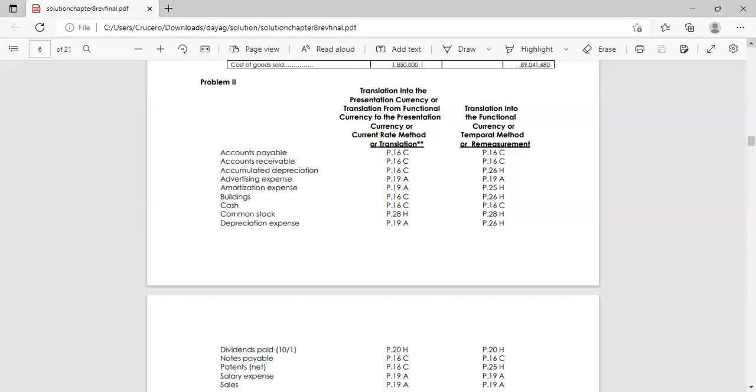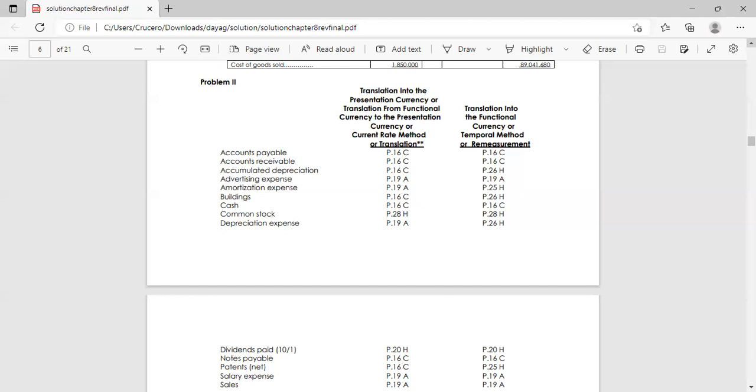The company was started in 20x0 and the buildings were acquired in 20x2 and the patents in 20x3. So we have to consider these very important dates.